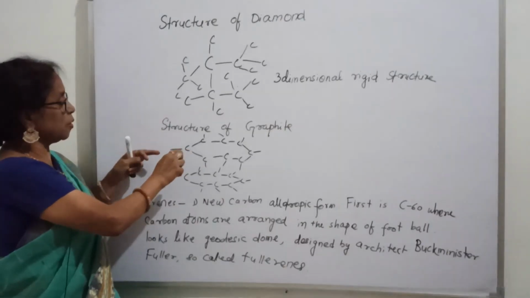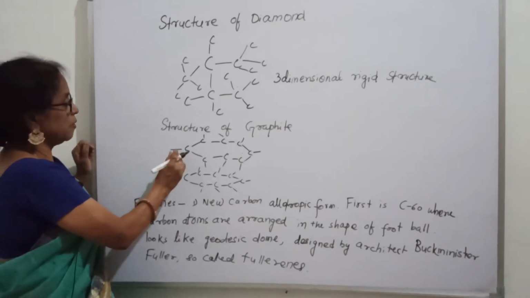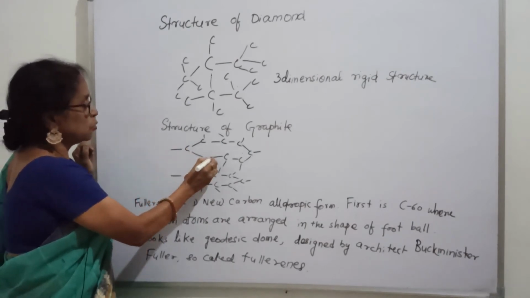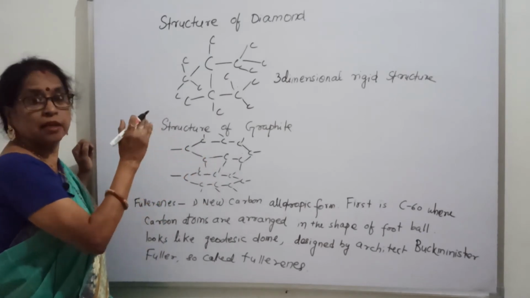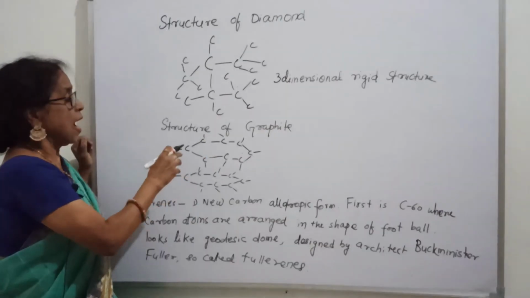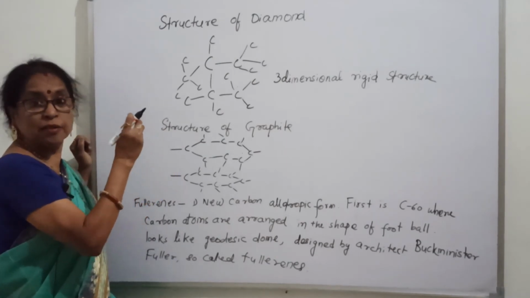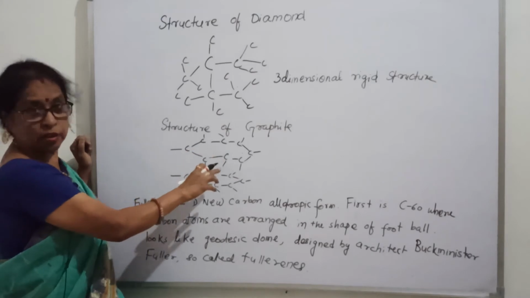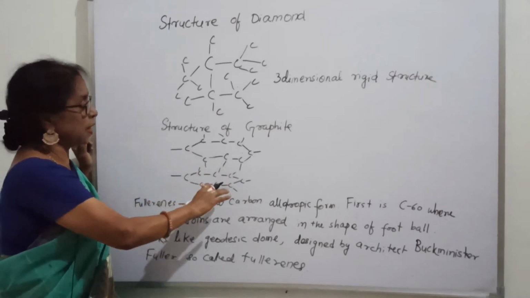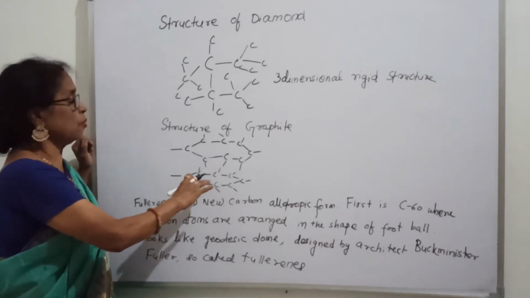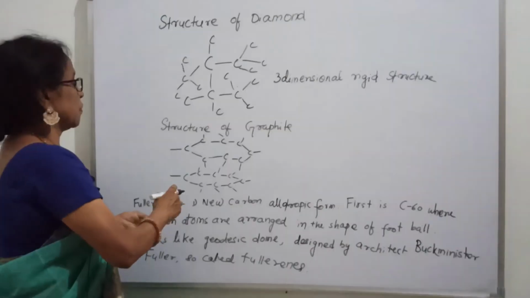Here you can observe one carbon atom is attached to 3 carbon atoms everywhere, and that is why the valency is not satisfied and one bond should be a double bond, but it is not shown here. Only the hexagonal array structure is explained, the layer structure is formed, and carbon is attached to 3 other carbons.